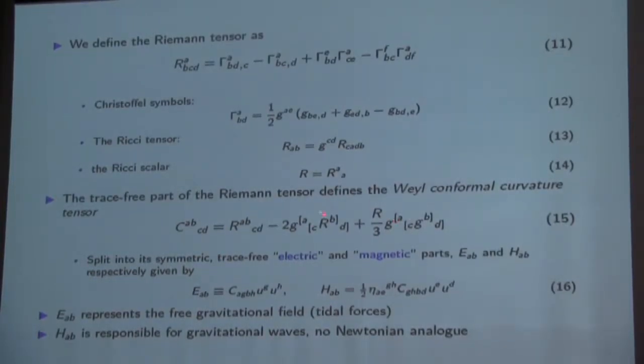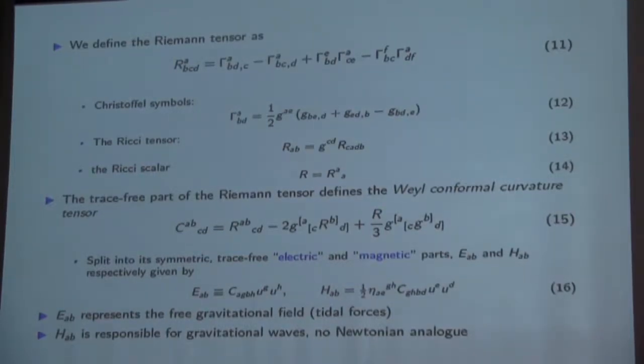The first term, the electric component of the Weyl tensor, is usually associated with the tidal, the free gravitational field, which is responsible for tidal forces, whereas the magnetic component is the one that we know is responsible for the propagation of gravitational waves. Because of this unique feature, it does not have a Newtonian analogue; Newtonian physics does not express gravitational radiation.